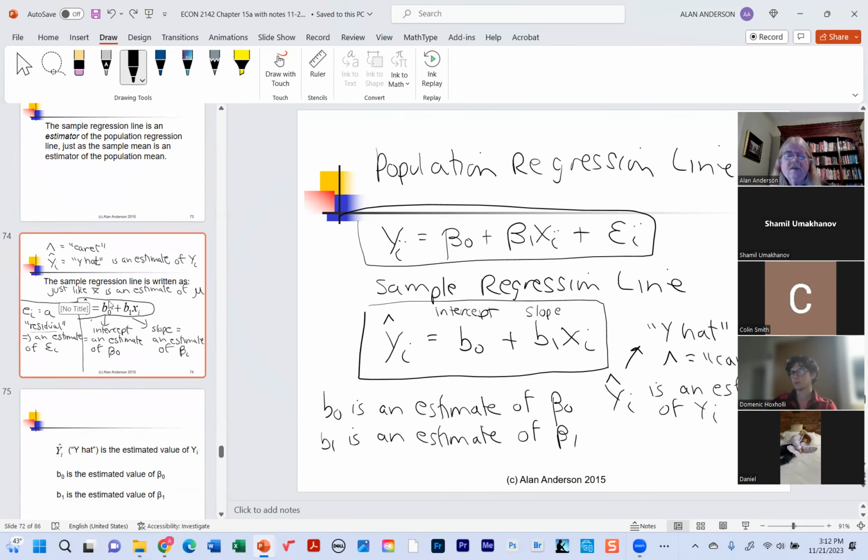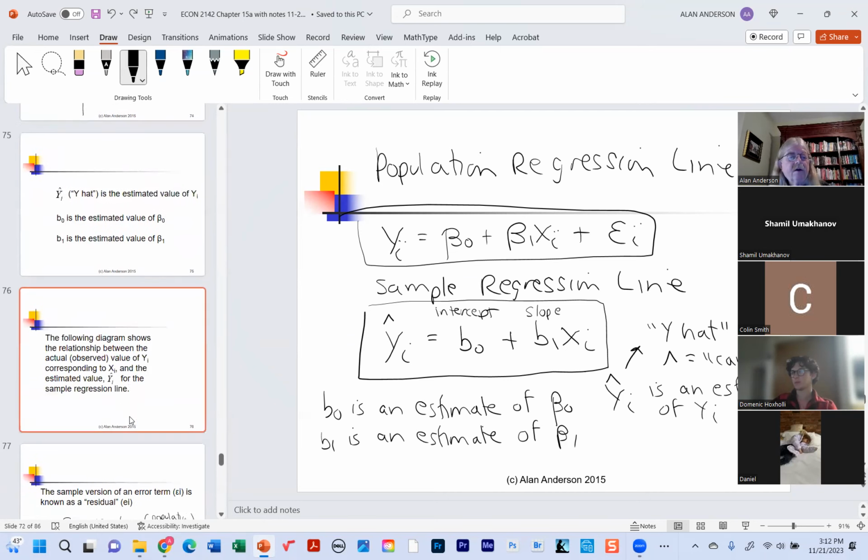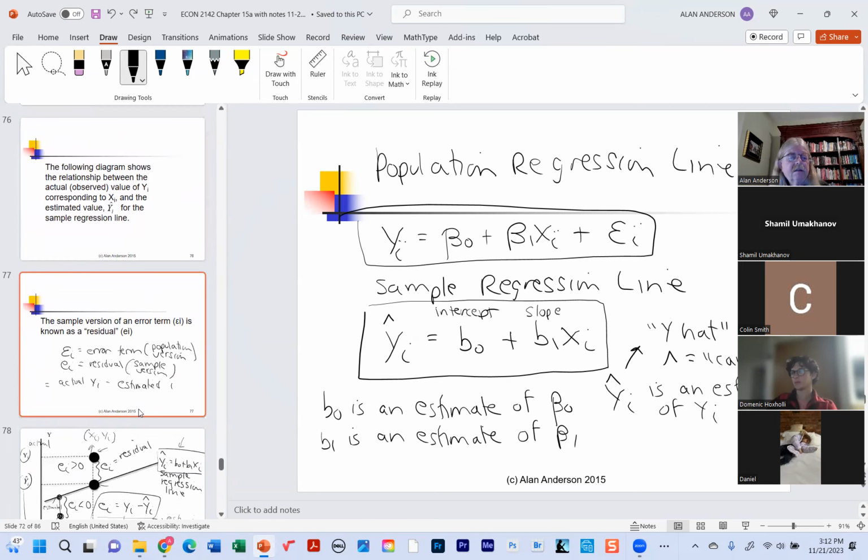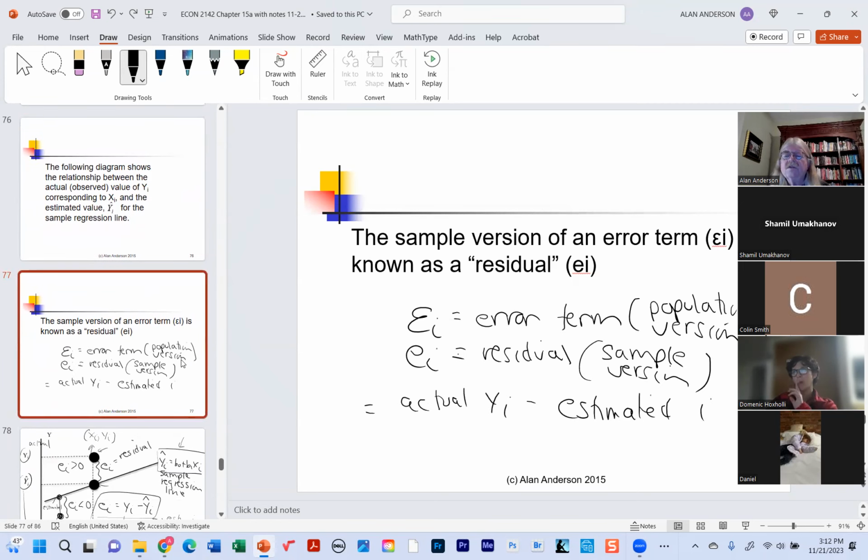So one more thing we do have to take into account here. The epsilon was what we mean by an error term, but it turns out there is an equivalent sample version, e sub i, which is called a residual. And that is calculated in the same way.